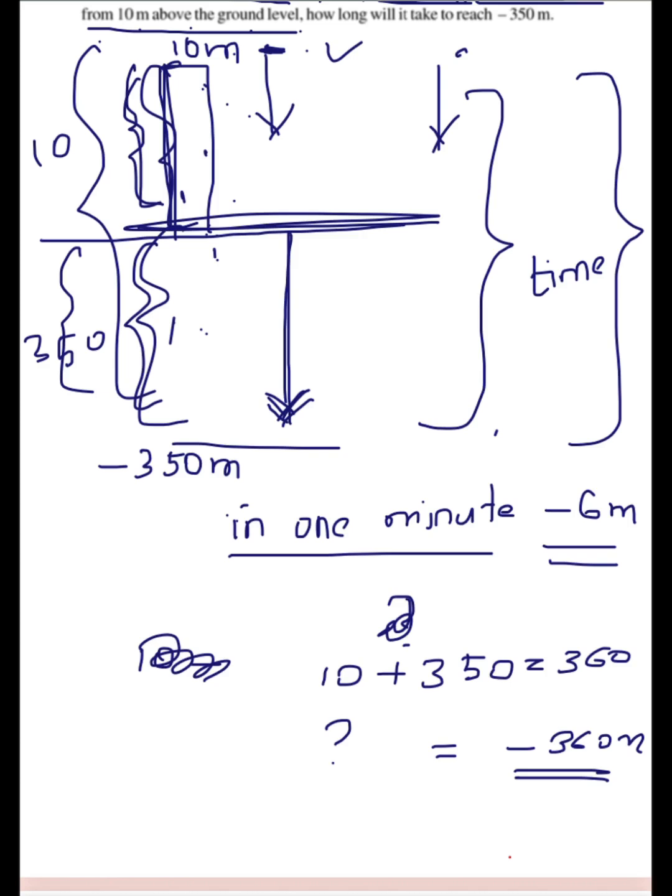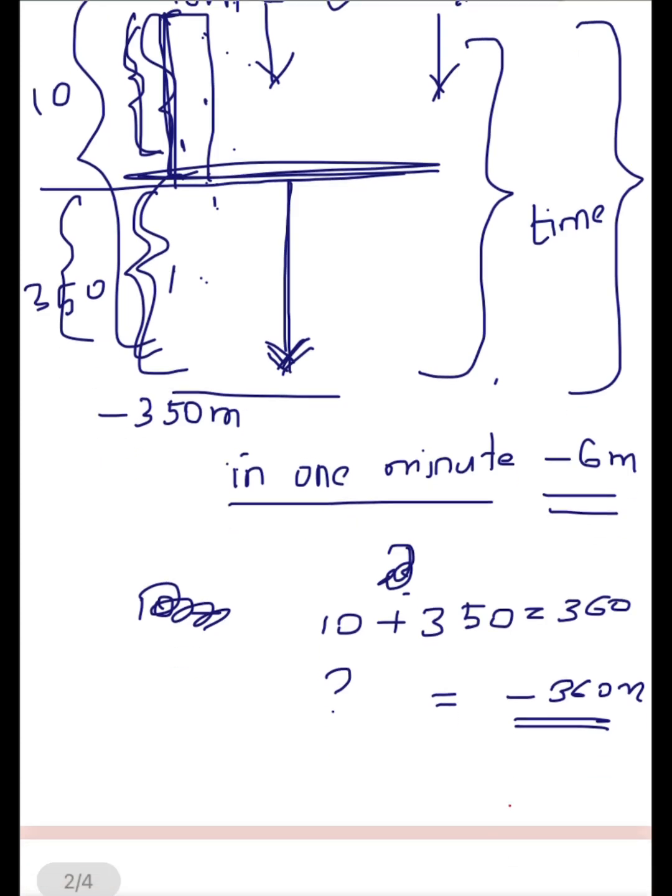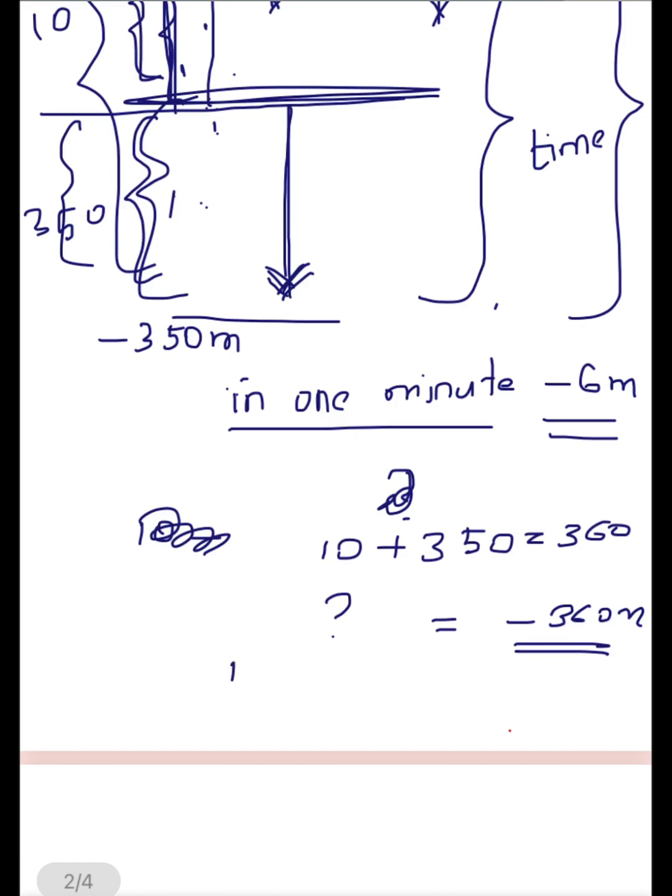From the question, you know that in 1 minute it will cover minus 6 meter. So how much time will it take to cover minus 360 meter? For that, you have to divide minus 360 by minus 6.